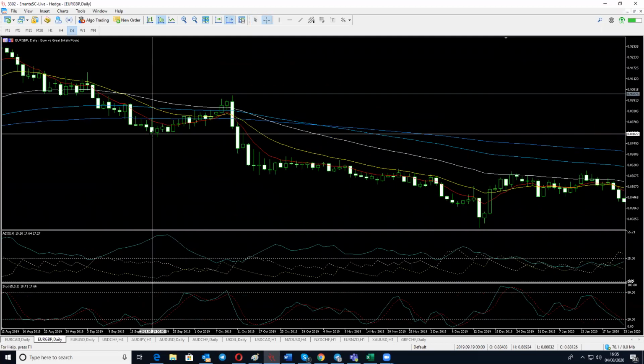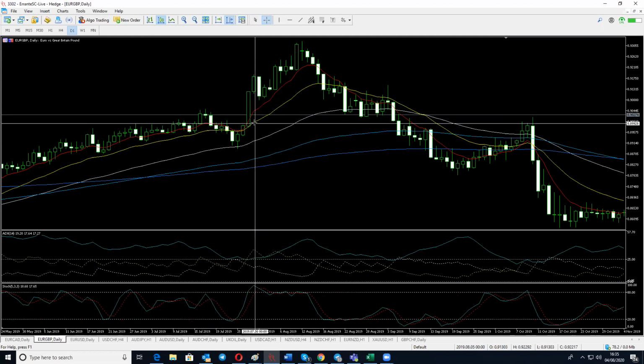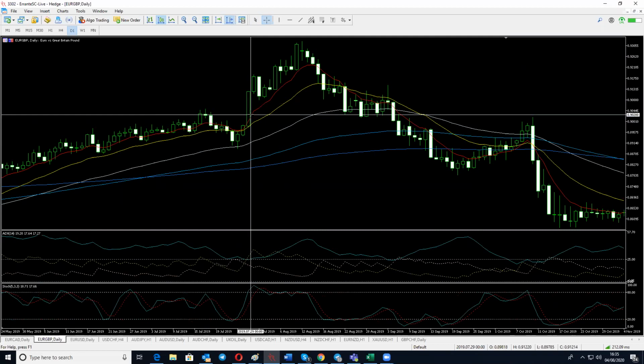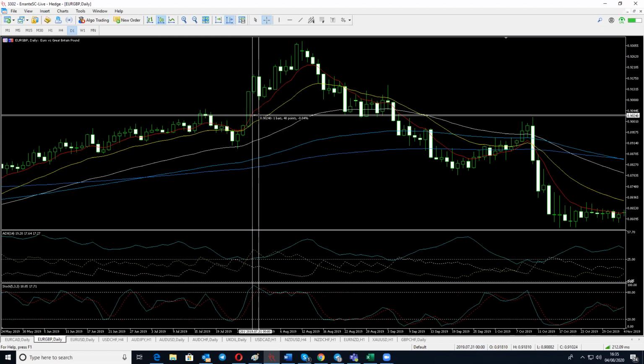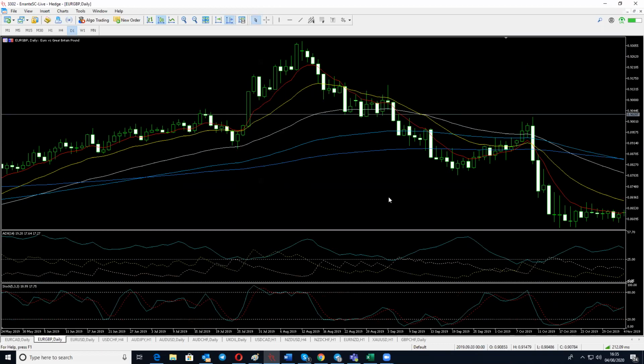Okay, so now if we go on to here, you can see that there has been this one here, and that bullish mother candle happened on the 29th of July 2019, last year in July, almost a year bang on a year ago. So from the current price to the end of that candle right there, it's almost 100 pips. It is about 95 pips there.